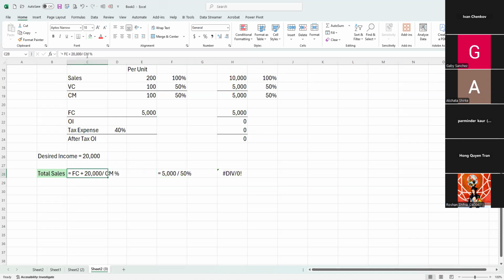If I add whatever I want to my formula and apply the same formula, I'm gonna get it. So what do you have to do? 5,000 plus the 20,000 divided by 50%.